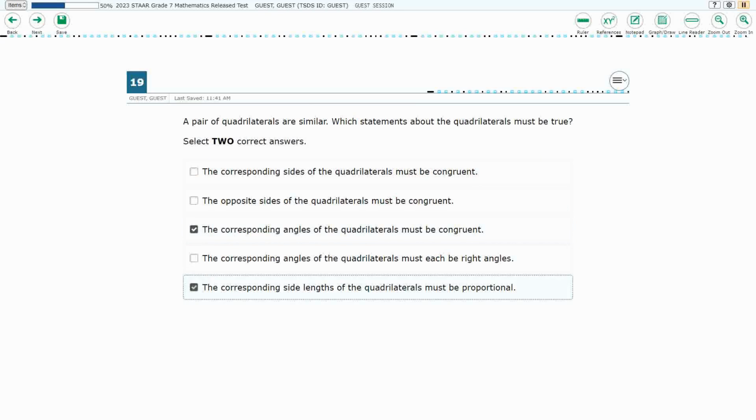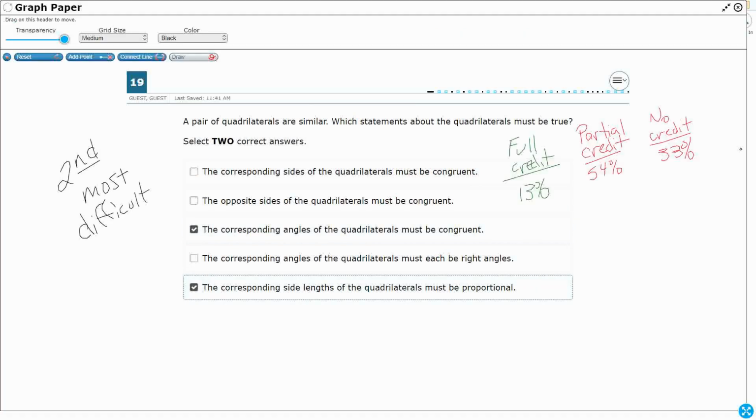Let's see how we did across the state of Texas. So this was the second most difficult problem, assuming that we are counting the correct answer as getting full credit or both points, right? We do have 54% getting 1 point, and then we had 33% getting 0 points. I think the big difficulty here is basic vocabulary.